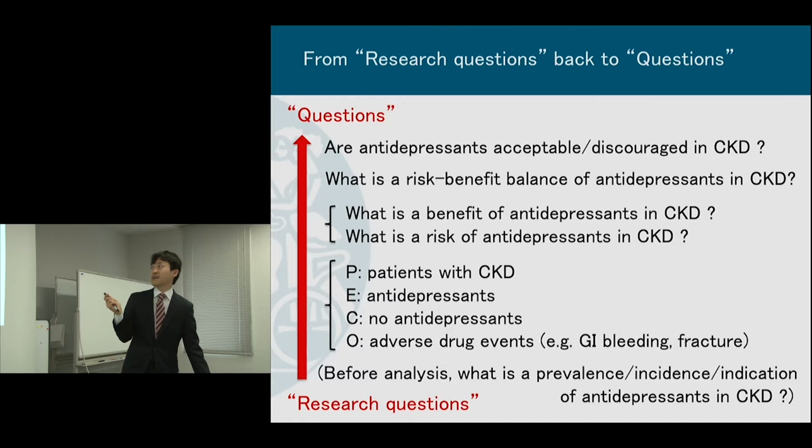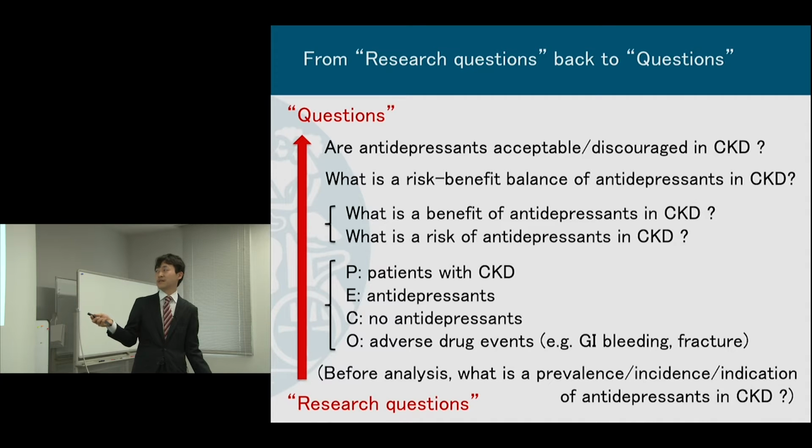Okay, so coming back to be more comprehensive, I come back to the two research questions. I conducted the first paper, a drug utilization study, suggesting that antidepressants are more likely prescribed in patients with CKD. But there was excess risk increased in patients with CKD, and an RCT suggested that the benefit was not there.